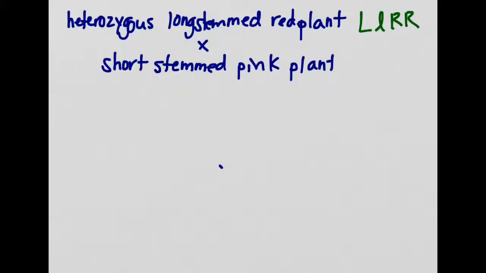And then the second parent, if it's short, we know that short is recessive, so we're going to be little l, and pink we know is a combination of red and white.